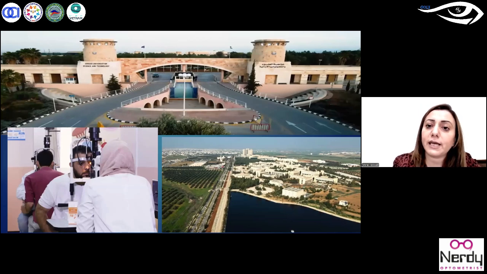We have a small clinic at the university, but the main clinic is outside campus, where we teach our optometry students. And of course, we do research. My area of expertise is obviously contact lenses. I did my PhD in contact lenses. We do research on the materials, on the properties of them, and we do some work on ocular diseases and ocular surface and corneal surface health as well.